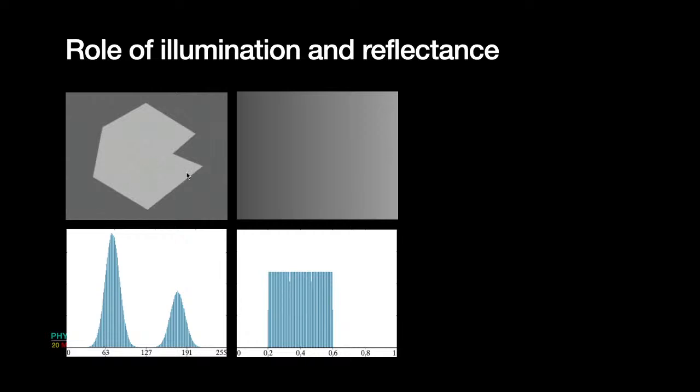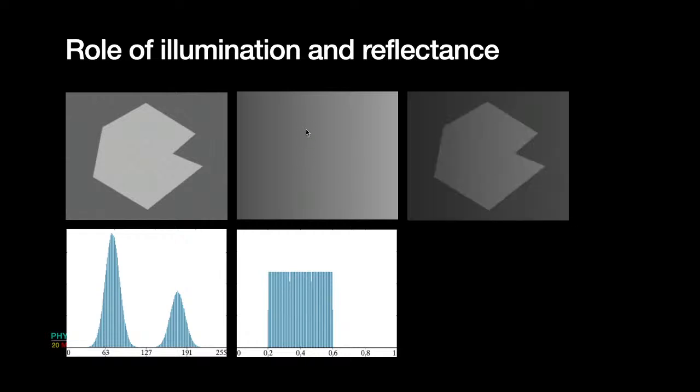If this image receives this kind of illumination, or maybe this kind of reflectance, then the resulting image, which is a multiplication of the two, would be this way. That means the image is there, but it is dark at one side and bright at this side.